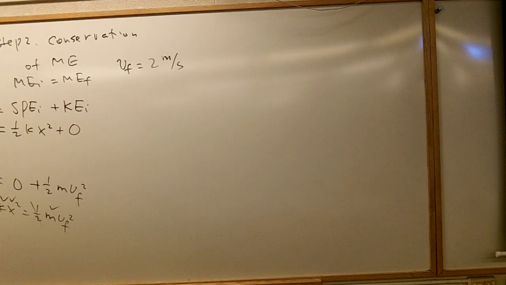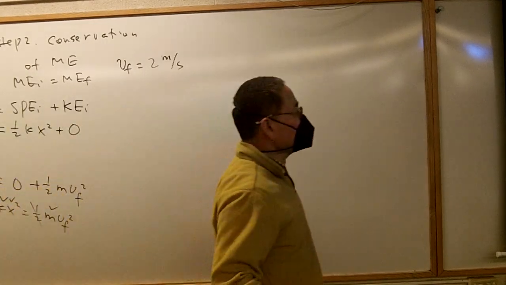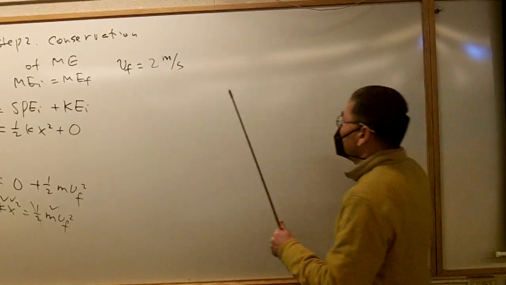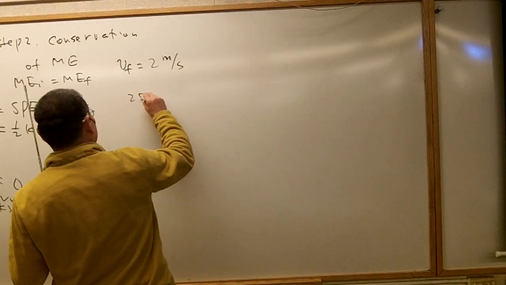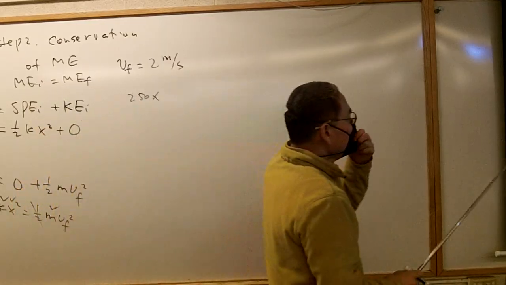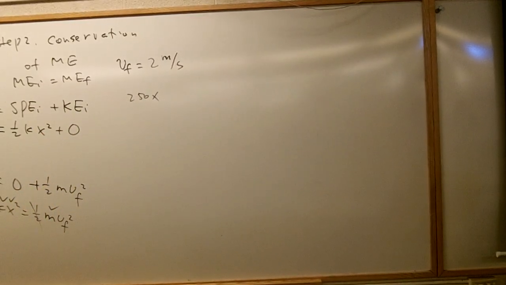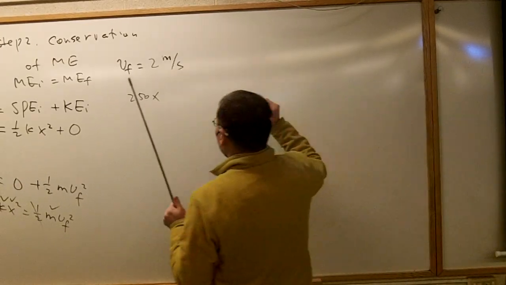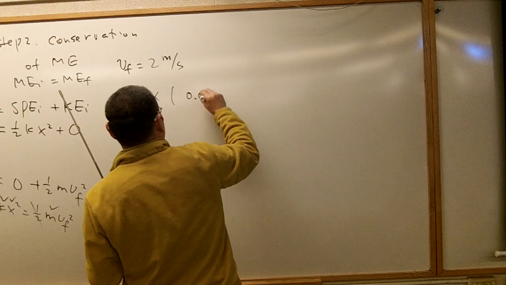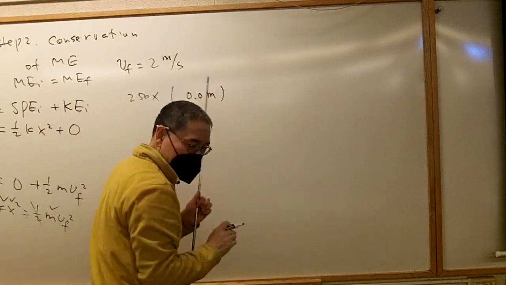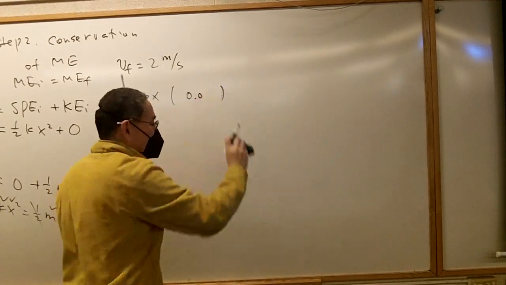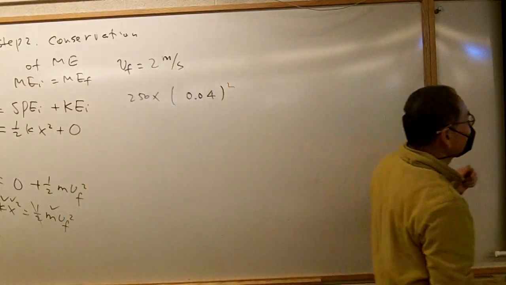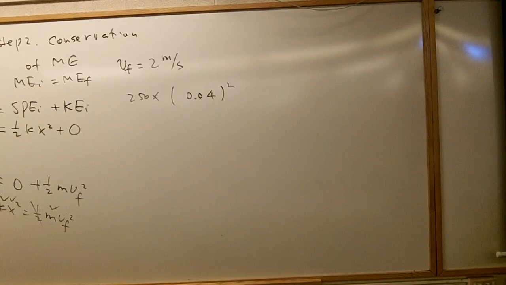Both sides cancel out. And then our spring constant K equals 250. So that would be 250 times the compression, which is 4 centimeters, so 0.04 meter, squared.